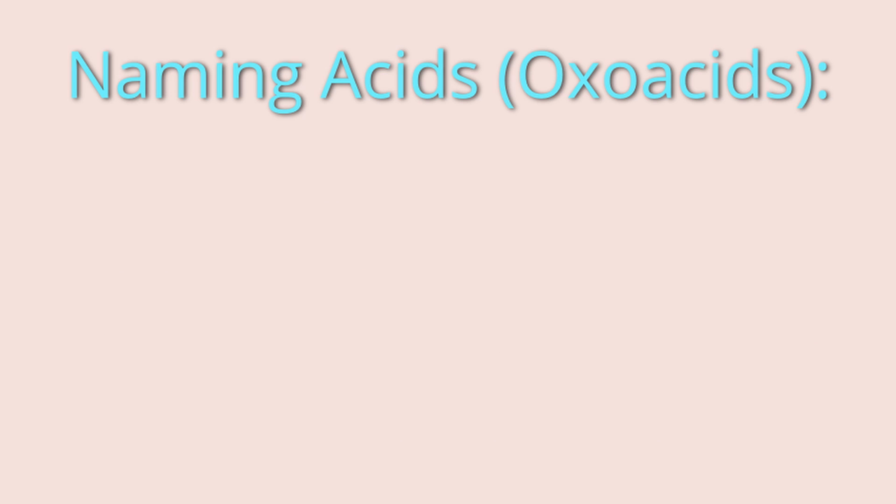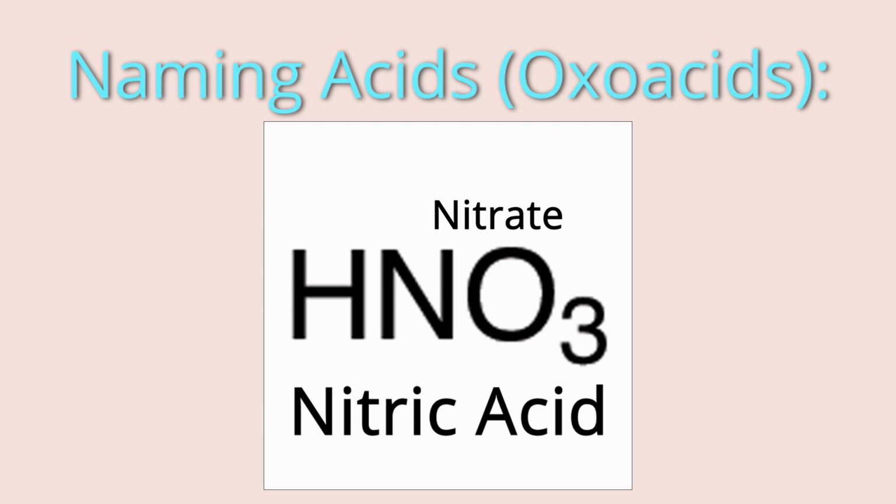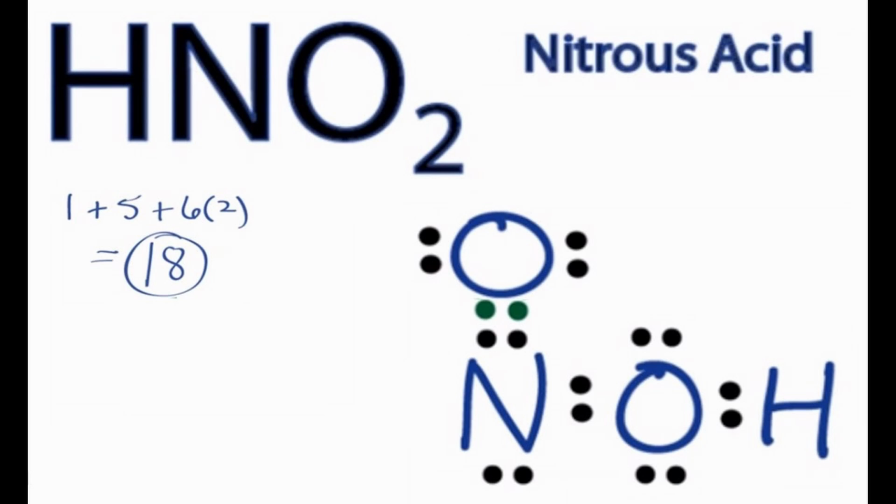Okay, so let's do a few examples of oxoacids. As we discussed before, you just start out with your oxoanion name, and then you change it based off of its last syllable. An example of this would be nitrate. Nitrate becomes nitric acid. But on the other hand, if you take nitrite, that becomes nitrous acid.